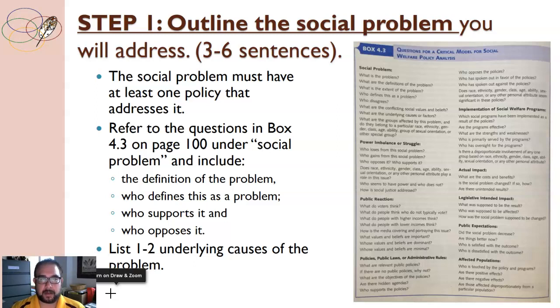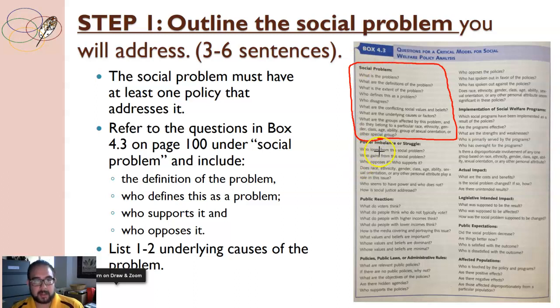So step 1, outline the social problem that you will address. 3 to 6 sentences. No more than 3 to 6 sentences. And it must have at least one policy that addresses it. So I talked about that in the previous slide. So if you look at your book on page 100 under social problem, and I'm going to circle it here, this is social problem.